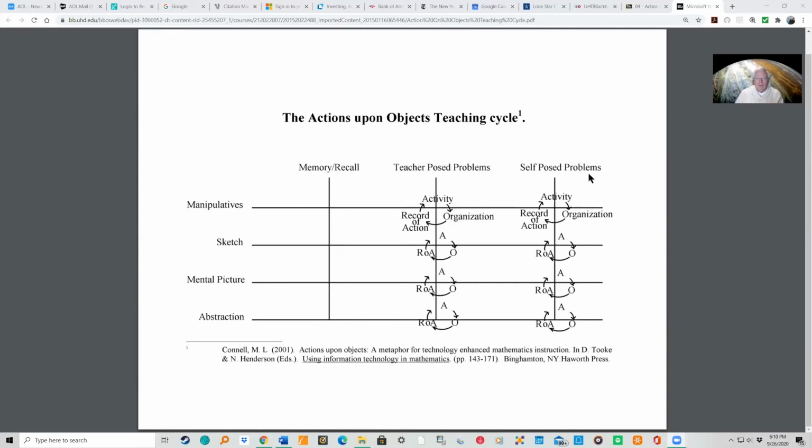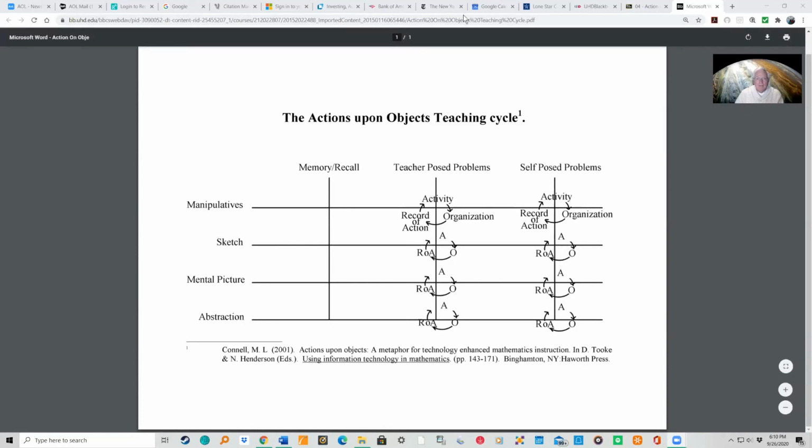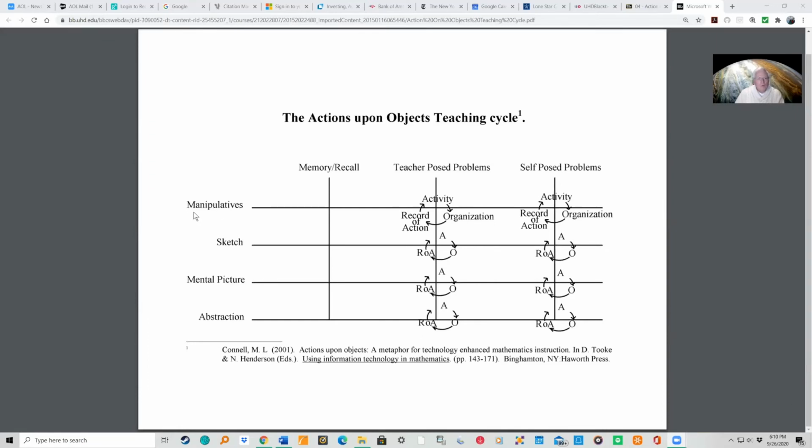I recognize that in a single classroom lesson, you often don't have time to get to this stage, but it is really the ideal where we get to where we can understand for ourselves. Now, in our classes, we will be dealing with the objects of manipulatives and the object of sketching. If I were teaching a middle school class, I would add mental picturing to that.